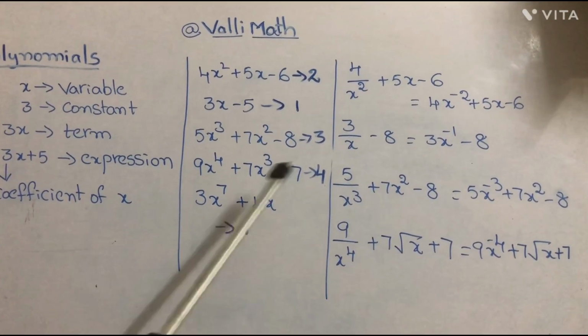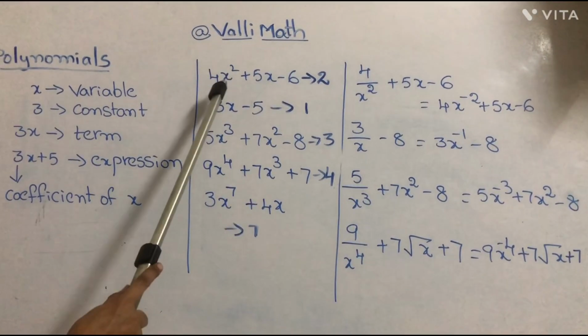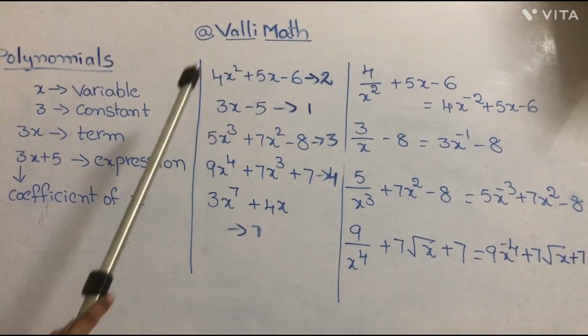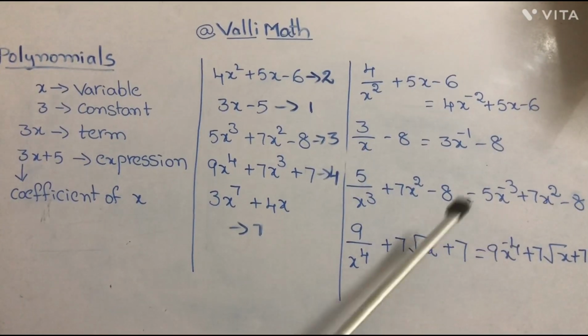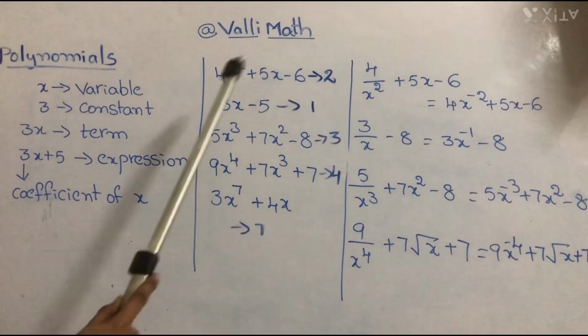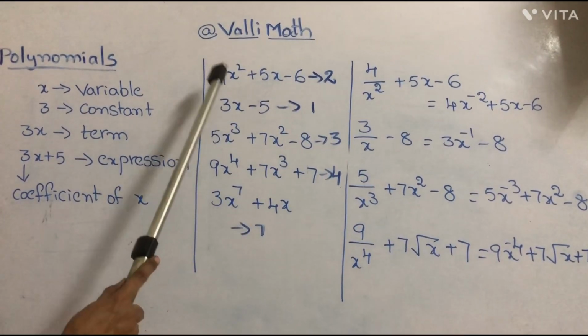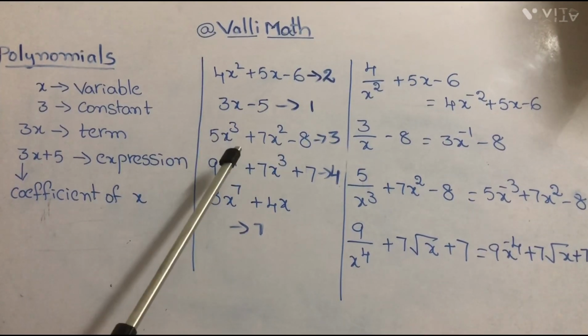Once you observe the difference between the two sets of algebraic expressions, here the variables are having positive powers, whereas in the other set they are having negative powers and an irrational power. Now an algebraic expression in which the variables involved have positive powers is known as a polynomial.